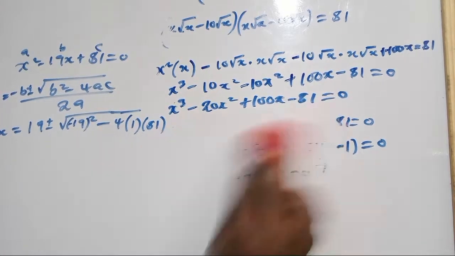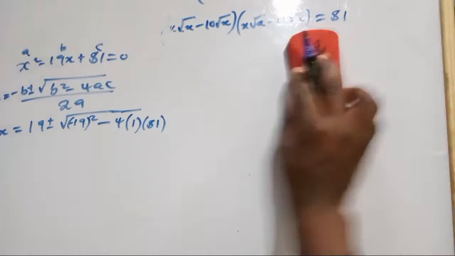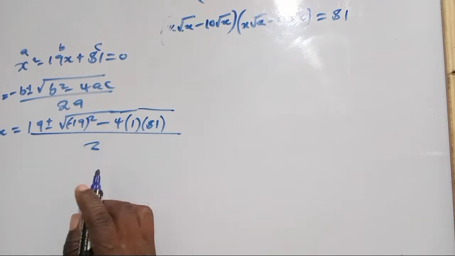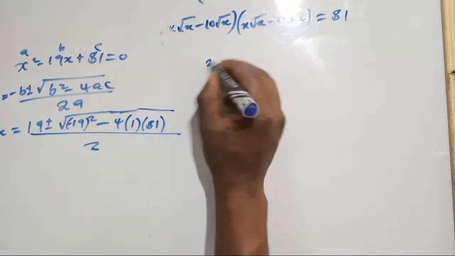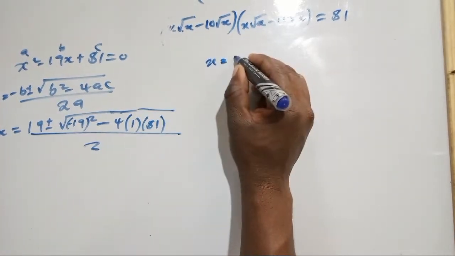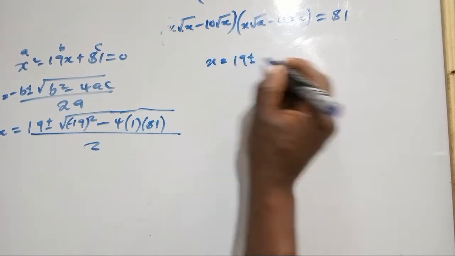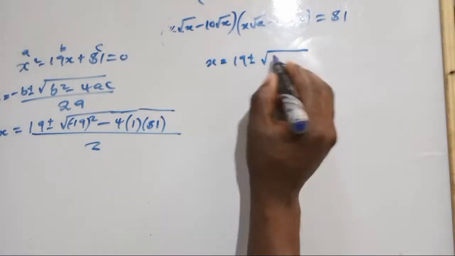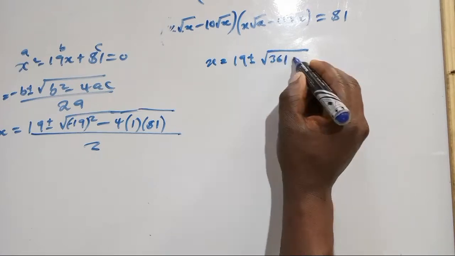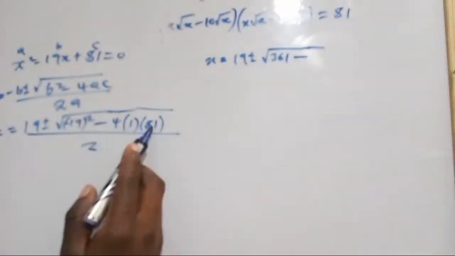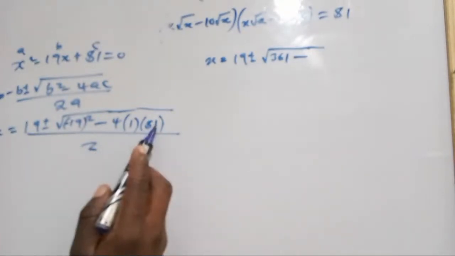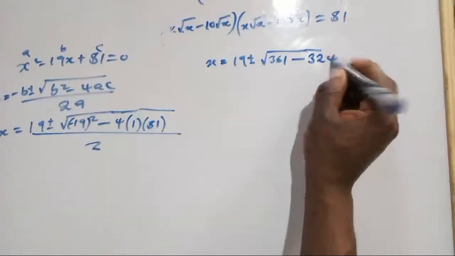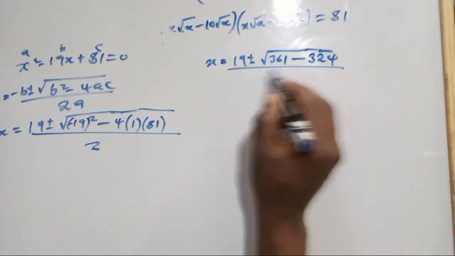Then over 2, right? In which here x will be equal to 19 plus or minus the root of 19 times 19, we are going to have 361, then minus 4 times 81, 4 times 1, which is 4, 4 times the 81, which is 324, then over 2, right?